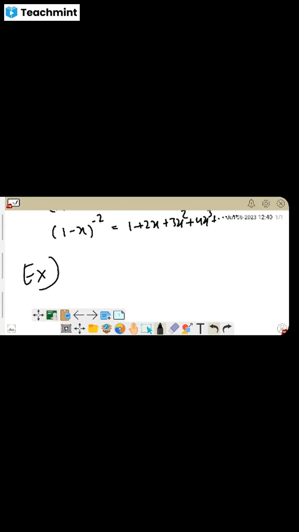We have the question d square y over dx square minus y is equal to 5x.